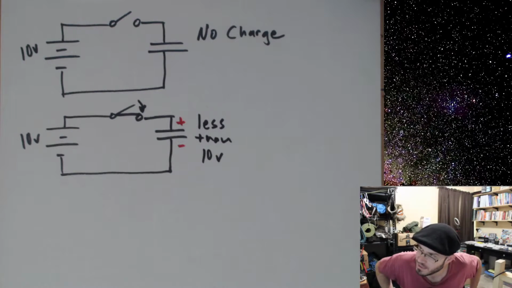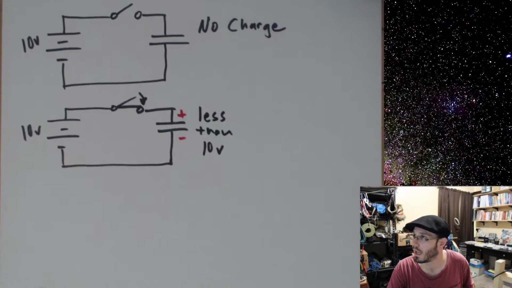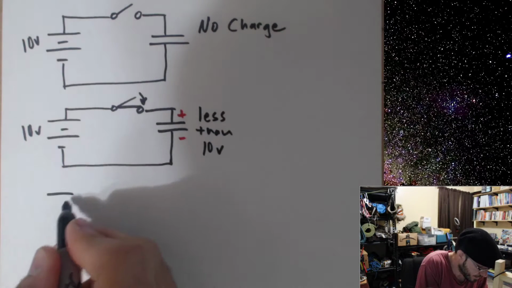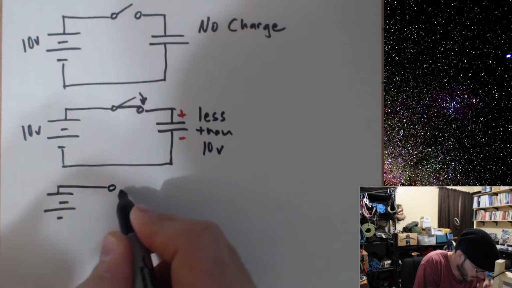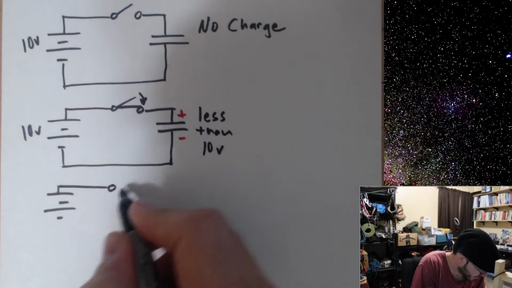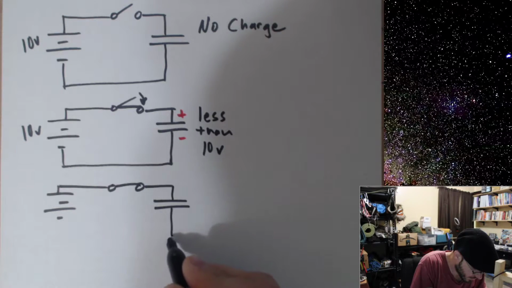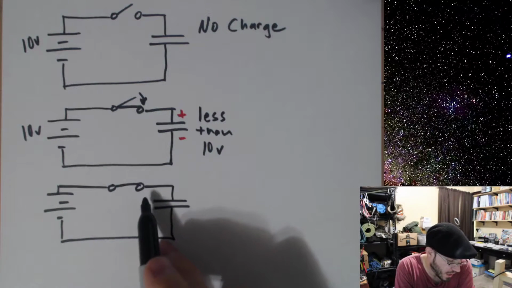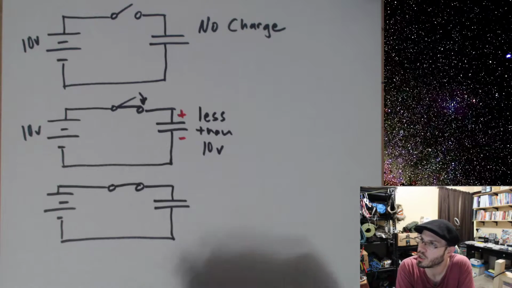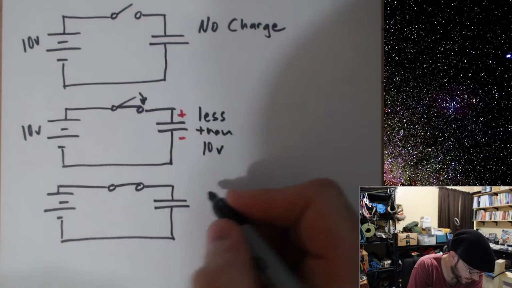Now, after some time, which we're going to need values in order to express how long it's going to take for this to happen, after some time of this building up charge on it, this will actually get 10 volts across it.